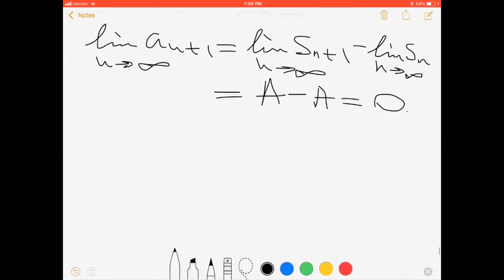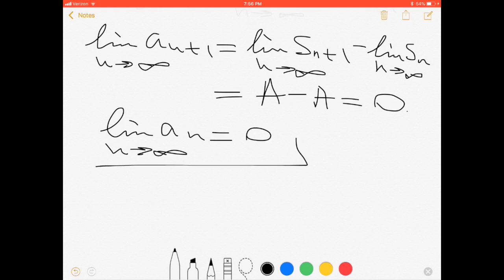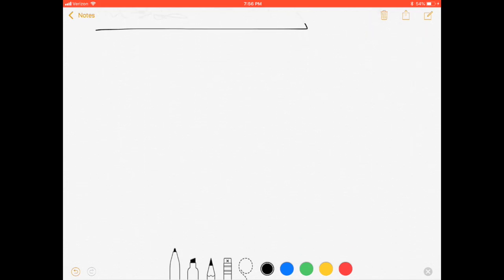This means we're proving the limit of a_n as n approaches infinity equals 0. We proved this fact.